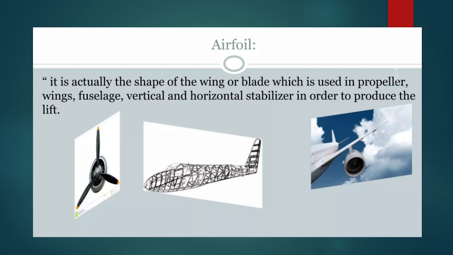Propeller means something which is rotating, a rotor, and it may be used in wings, the fuselage, which is the entire body of the aircraft, and vertical and horizontal stabilizers, because the aeroplane has to be in a stable position. It should not vibrate much or be too turbulent in space while producing the lift.